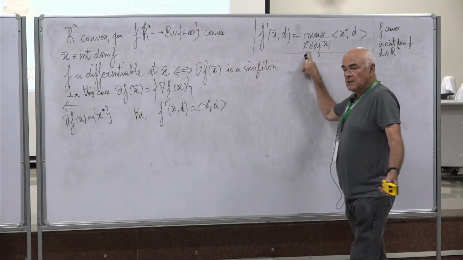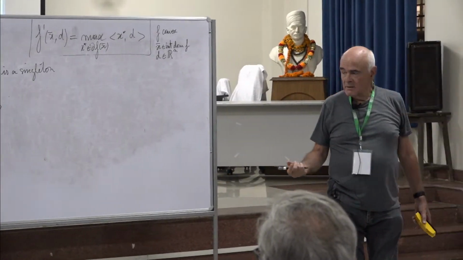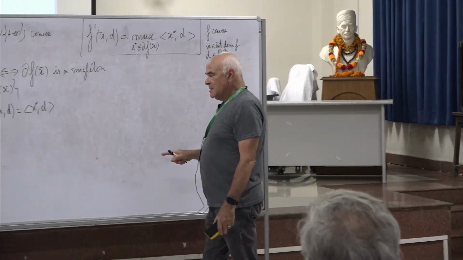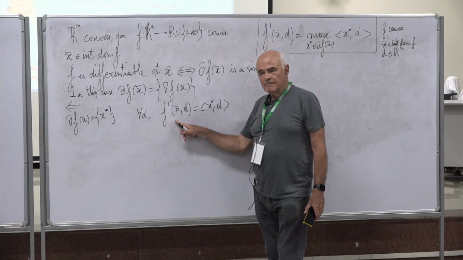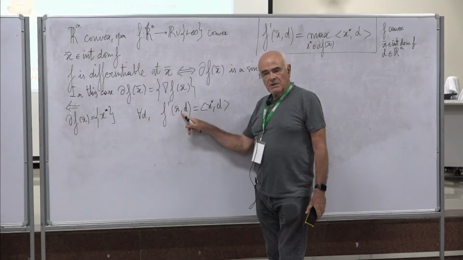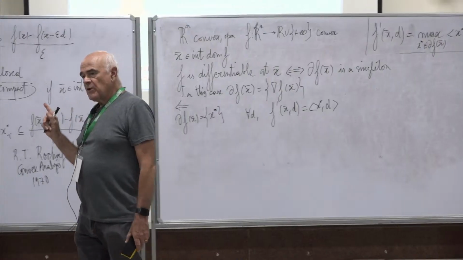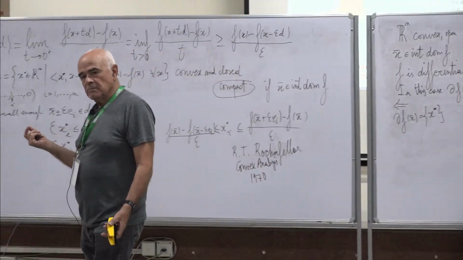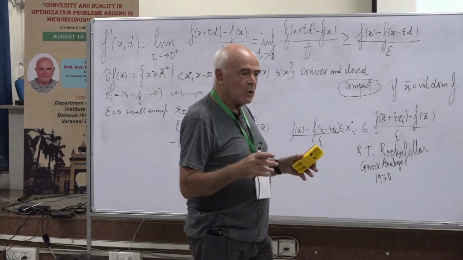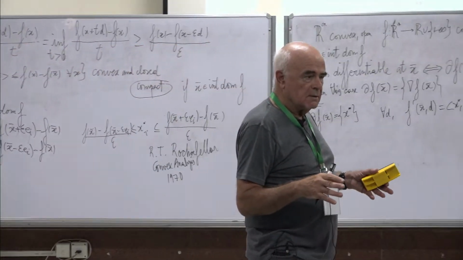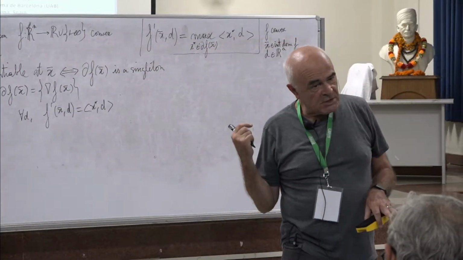There is only one. The maximum is attained at the only existing element in the set. This is telling us that the directional derivative as a function of the direction is linear. The function is so-called Gateaux differentiable.